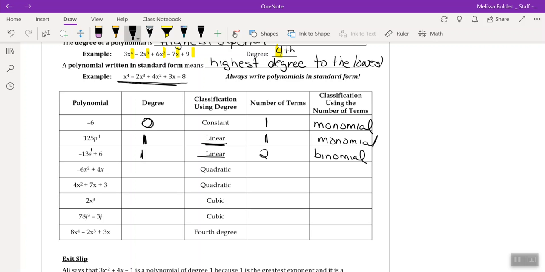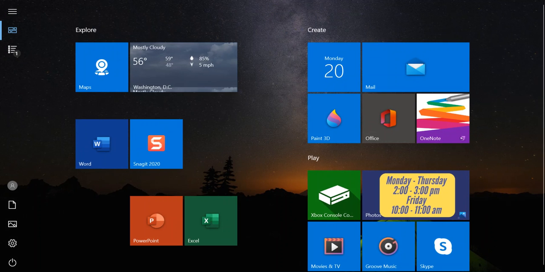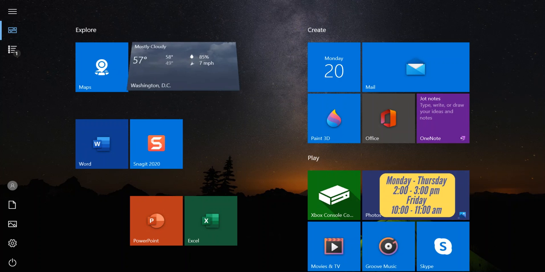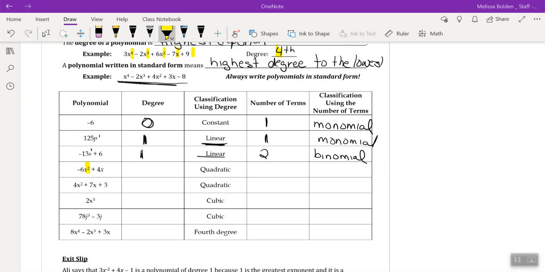The highest degree on this one, because it has x squared, is 2. And we call it quadratic when the highest degree is 2. And the number of terms is 2, so this would also be considered a binomial.